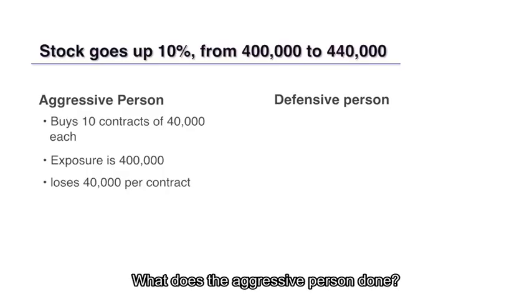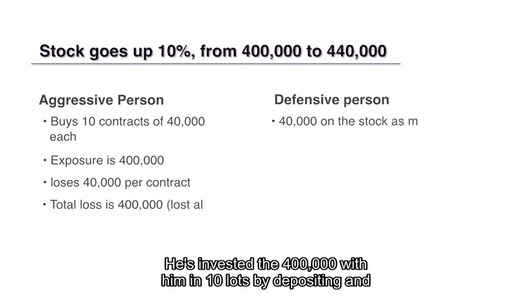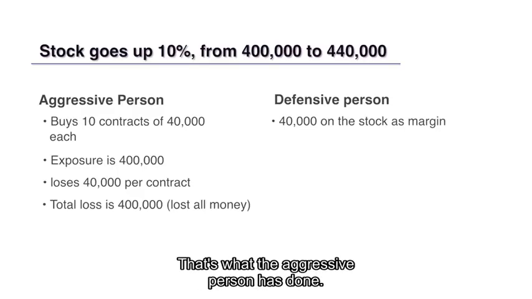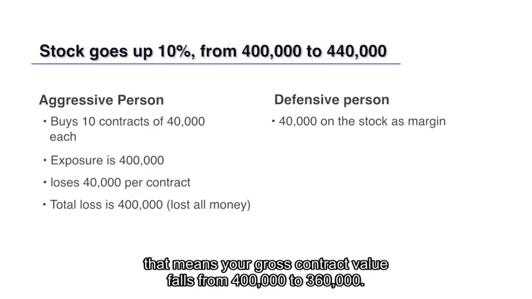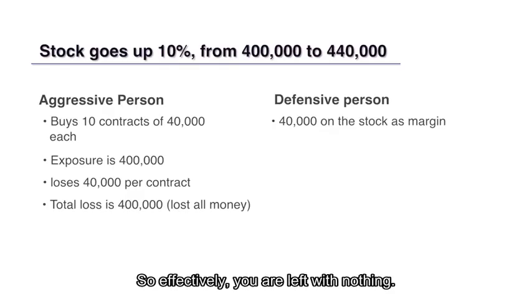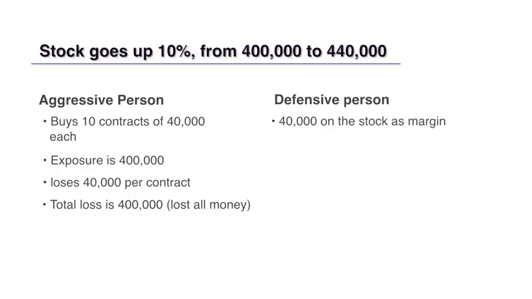What has the aggressive person done? He has invested the 400,000 with him in 10 lots by depositing entire 400,000 as margin. Now if the stock falls by 10%, that means your gross contract value falls from 4 million to 3.6 million. On each of those 10 contracts, this person loses 40,000. So effectively, you are left with nothing.